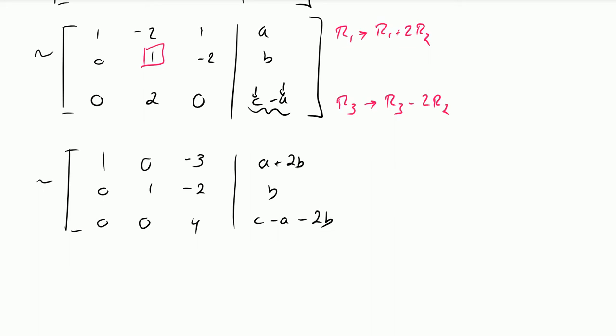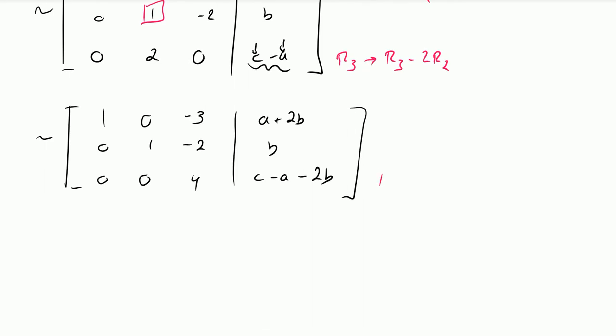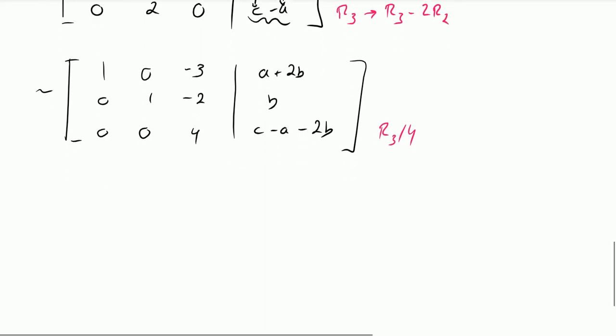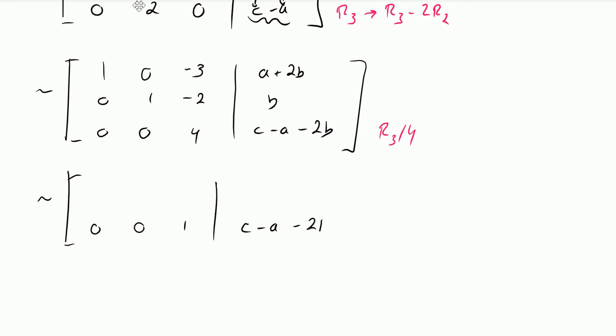And then what I'm going to do is divide my third row by 4, so R3 over 4, to make that just 1, make it nice and simple. So I'll get 0, 0, 1, C minus A minus 2B over 4.